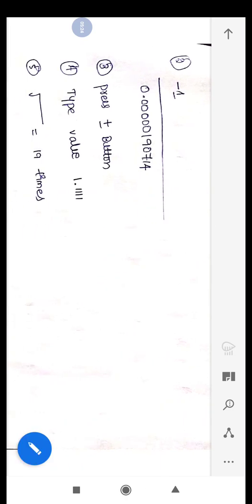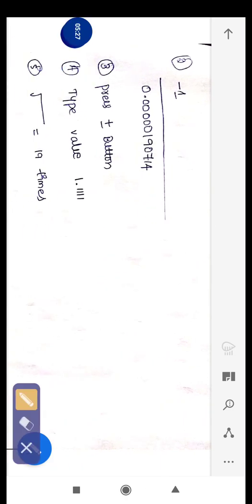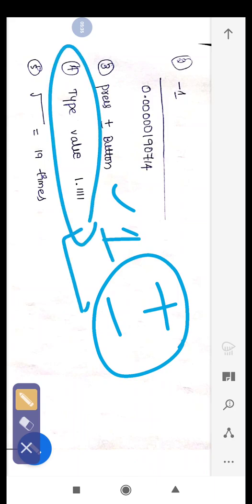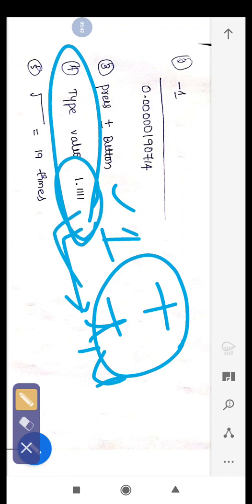Next, press the plus or minus button in the calculator. On the left side there is one button, that is the plus and minus button. Press that one time. Next, type the value for which you want to calculate the natural log. Here we want to calculate the log for 1.111, so type this value.